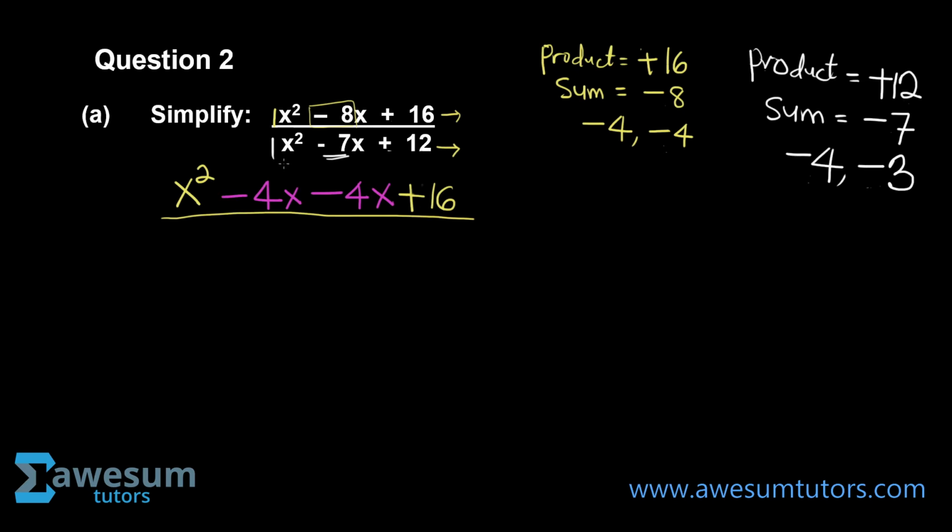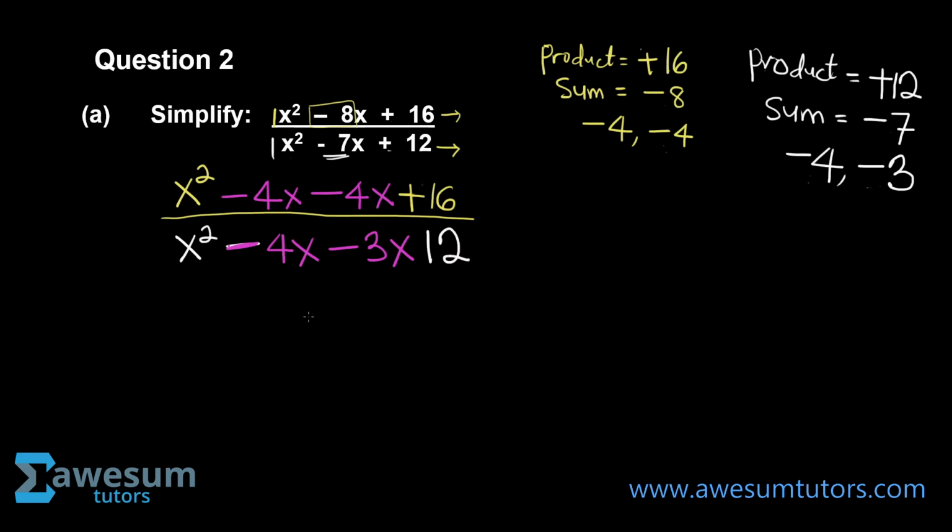So I can break this down now and say x squared, instead of writing minus 7x, I write minus 4x minus 3x plus 12.